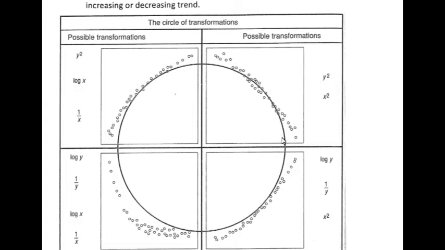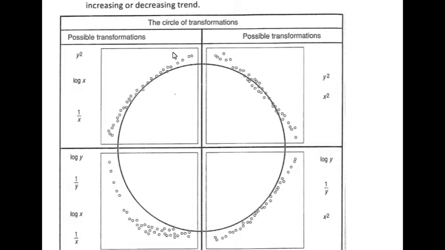If we have a scatter plot which looks kind of circled up in this corner up here, decreasing as we go down, with a bit of a curve to it, in that case we would look at using the y squared and the x squared. It eliminates some of the transformations we need to use. There's no point using a log function because it's more appropriate to use one of these two.